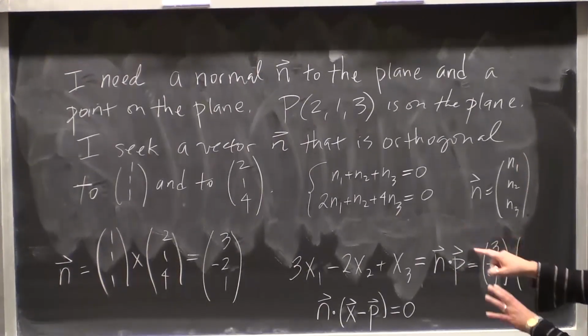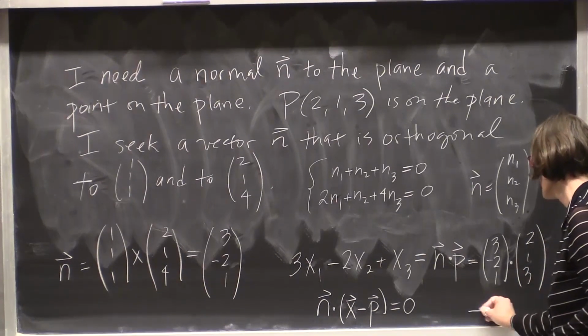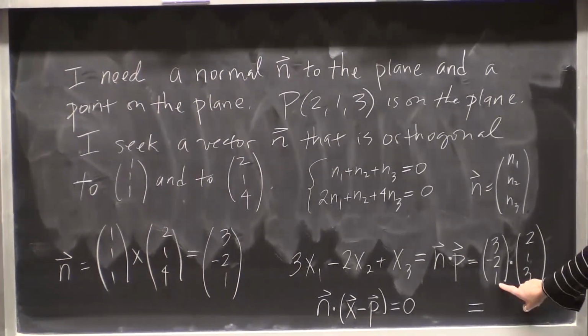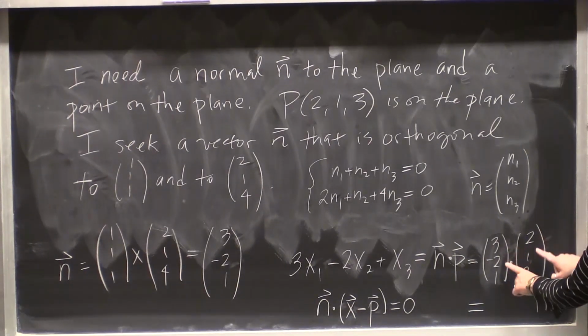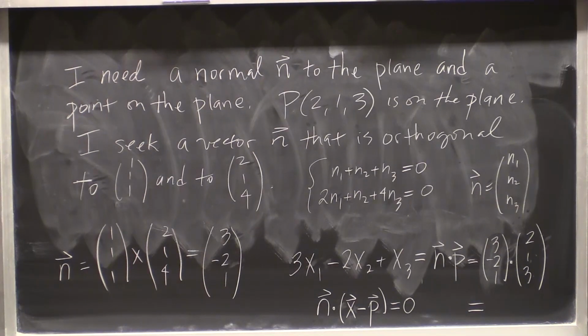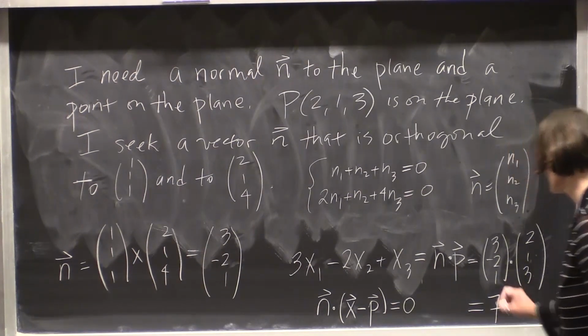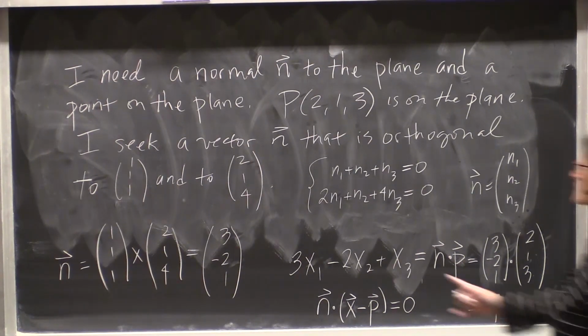Okay, so 3, you're absolutely right. Let's just do this correctly. So this is the normal. This is the position vector. This is 6 minus 2 plus 3, which is also known as 7. Thank you. Yes? Sorry, what? Is the question, where did this come from?